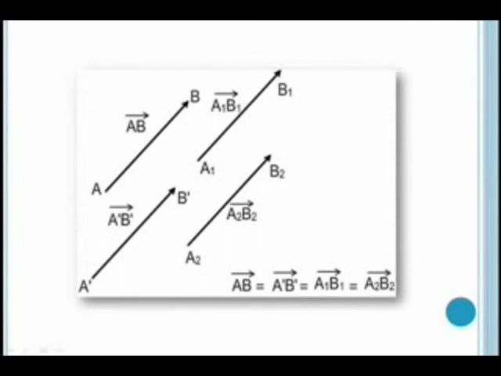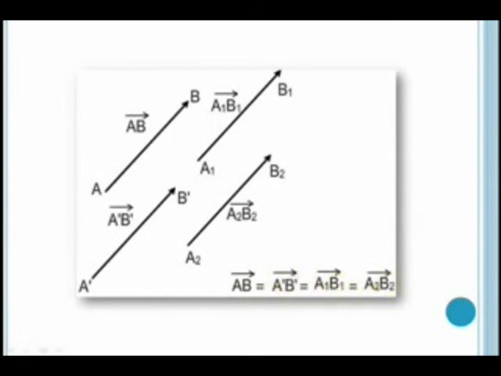Thus these two vectors become the same because they have the same magnitude as well as they have the same direction. The only difference is they have different originating and terminating points. Similarly, we can have this A dash B dash vector, and we can have this A2B2 vector, which are equal in magnitude as well as direction to this vector AB. Thus AB is equal to A dash B dash, which is equal to A1B1, which is equal to A2B2.